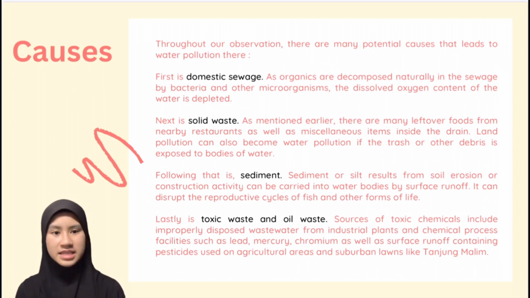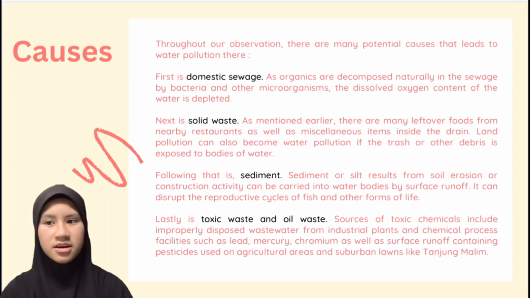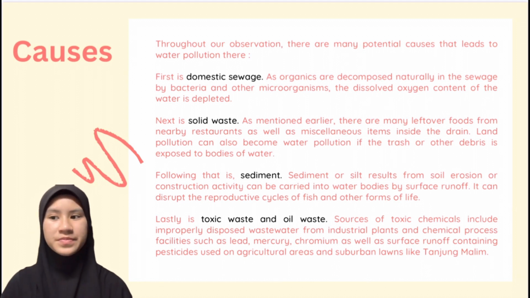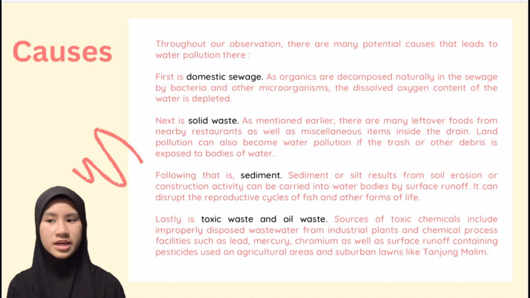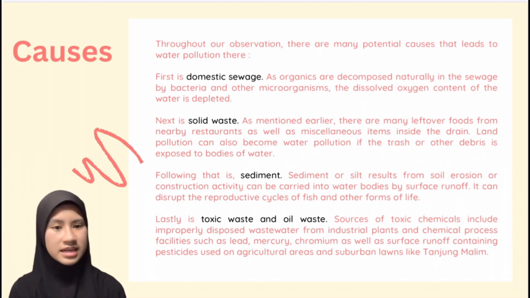Following that is sediment. Sediment, or silt, resulting from soil erosion or construction activity can be carried into a water body by surface runoff. It can disrupt the reproductive cycles of fish and other forms of life. Lastly is toxic waste and oil waste.